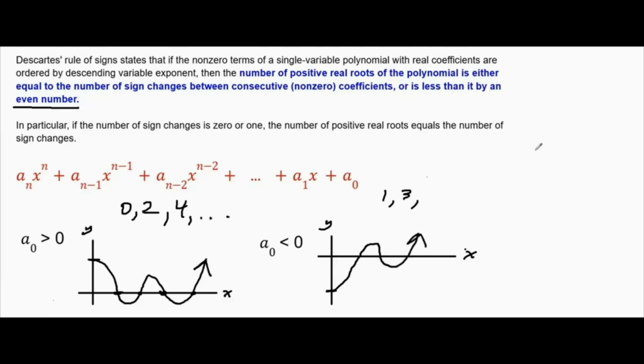It could do this. It would still be 3. Or it could come up and do this, and again, so that would be 5. It has to increase by 2. So in either case, the possible number of real roots increments upward by 2.